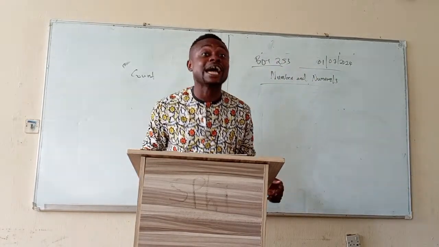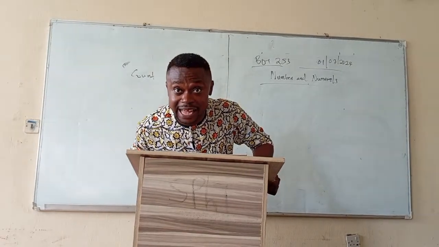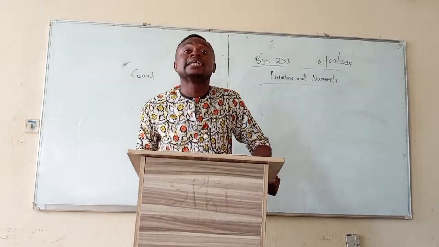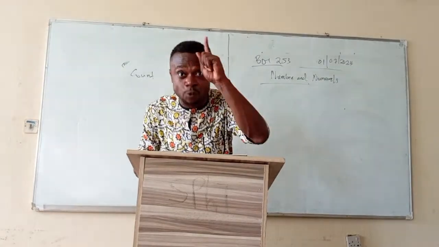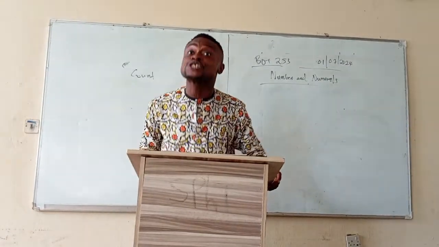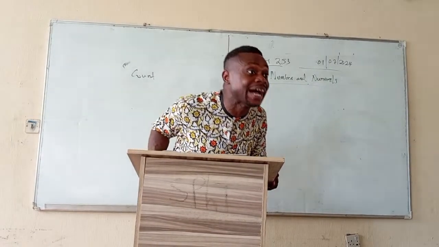Number is the same everywhere, worldwide, so far as you're a human being that reasons. Number is one. That idea you have in mind as one, a Chinese man also has as one in his mind. An Indian man is also one in his mind.